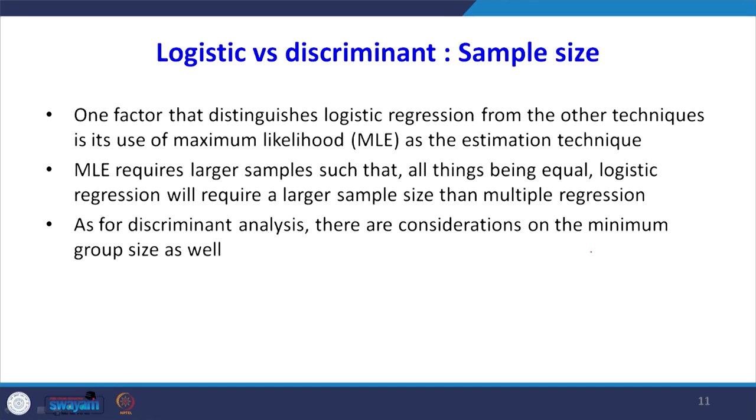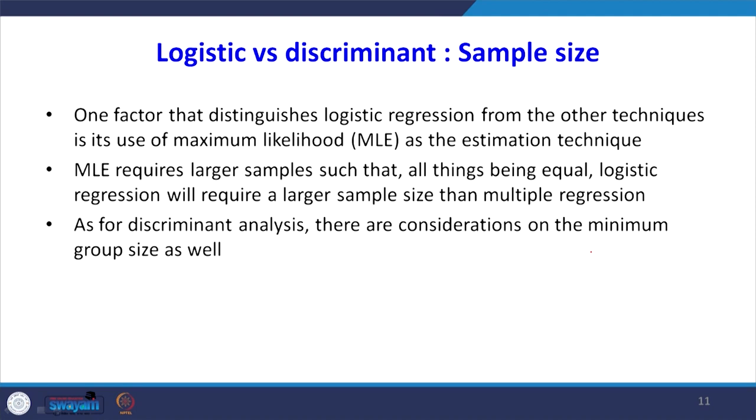With respect to sample size, which is better, logistic regression or discriminant analysis? One factor that distinguishes logistic regression from the other techniques is its use of maximum likelihood as the estimation technique. Maximum likelihood estimation requires larger samples, such that all things being equal, logistic regression will require a larger sample size than multiple regression.